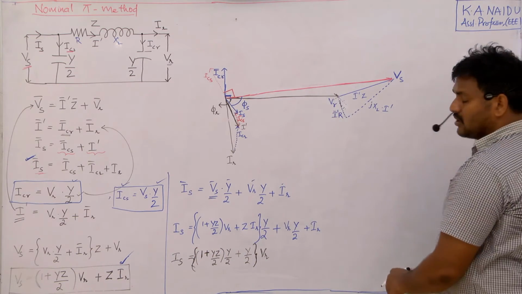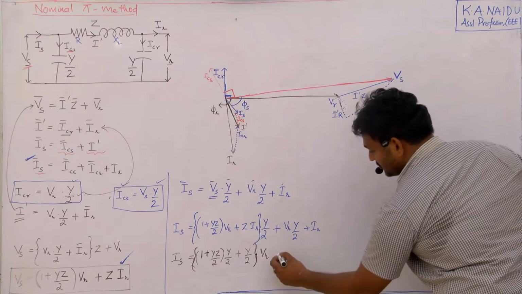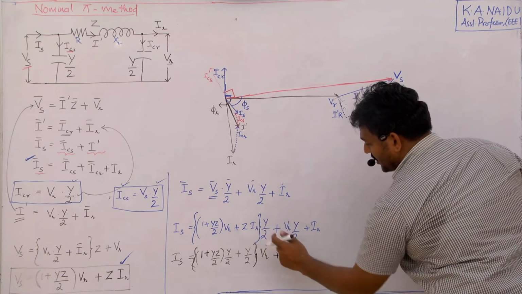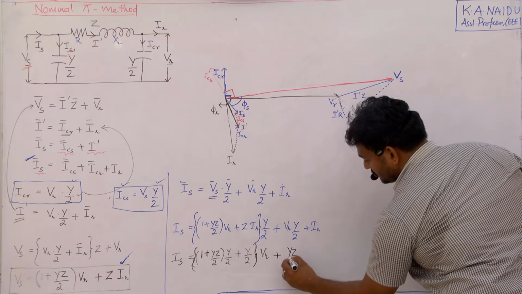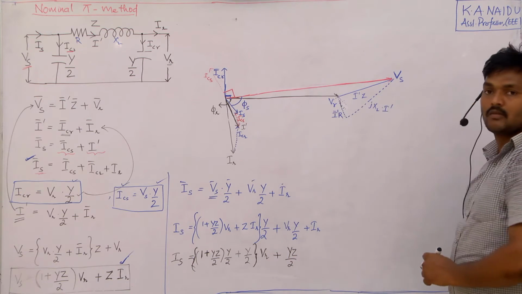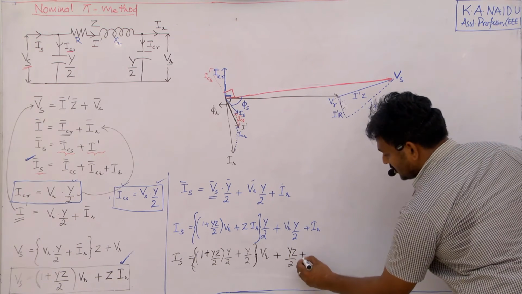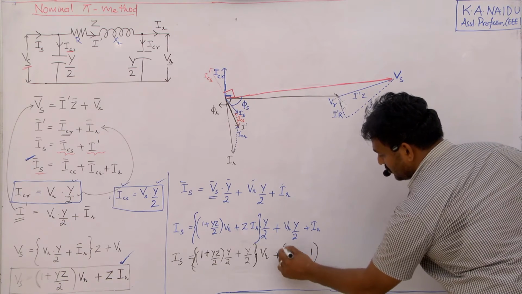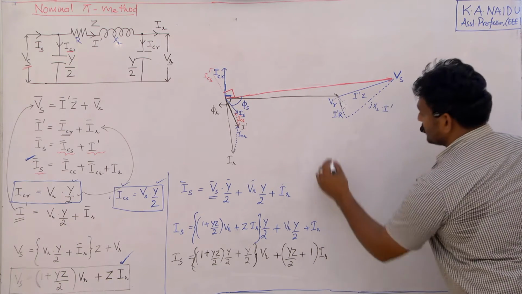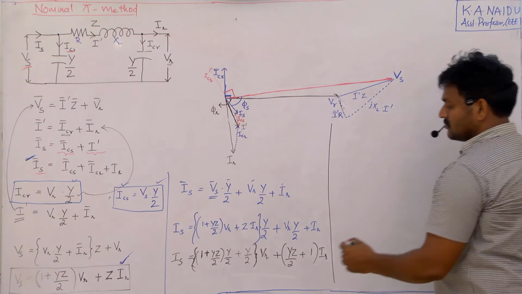Now we have to take the coefficients of Ir. So here you have Ir yz by 2, okay, plus 1, this one into Ir. So let us rewrite these equations here.